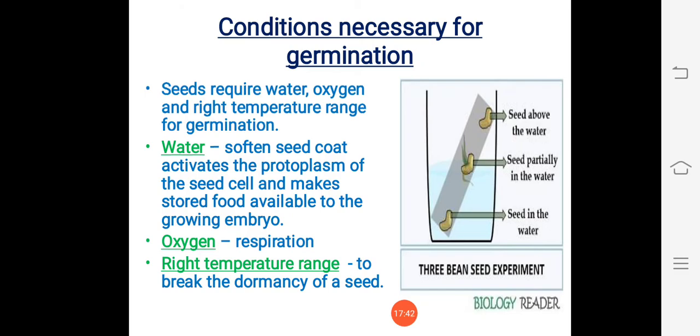Immerse the ruler in the jar of water in such a way that the lowest seed is submerged in the water. What does submerged mean? It is deep inside the water. And the second is partially submerged in the water. The third seed is placed above the water level.